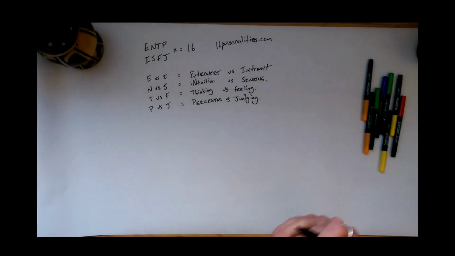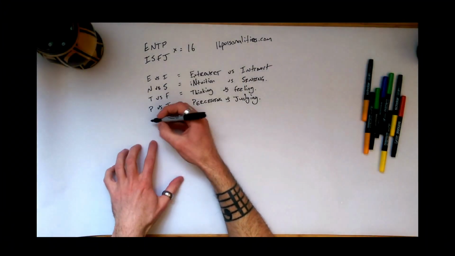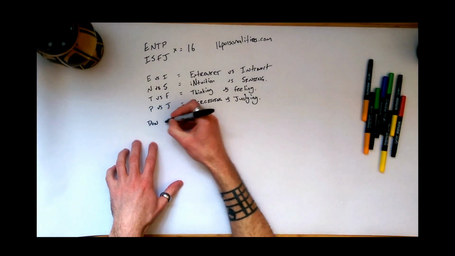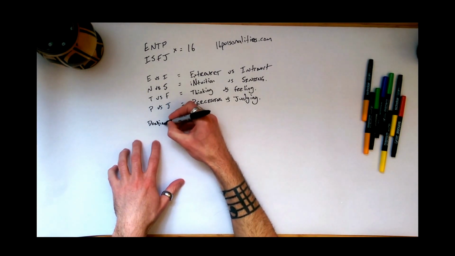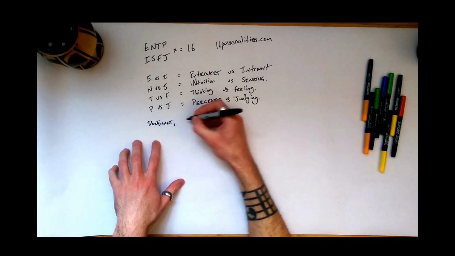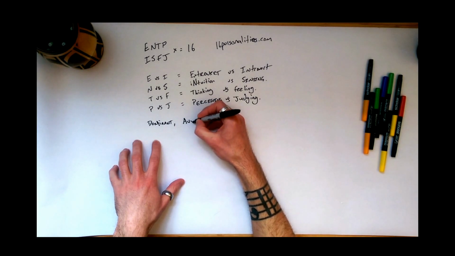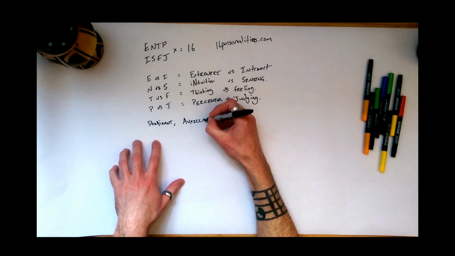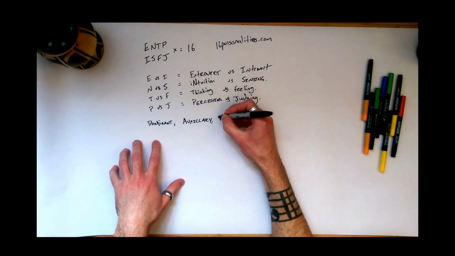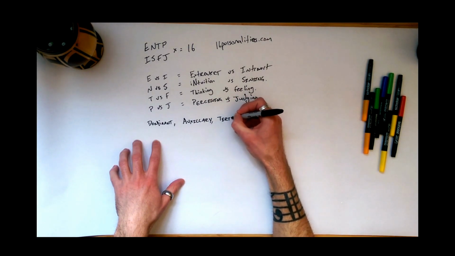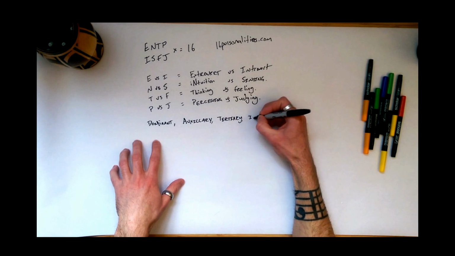So the first four, we call them your dominant, and then your auxiliary, and then your tertiary, and then your inferior.